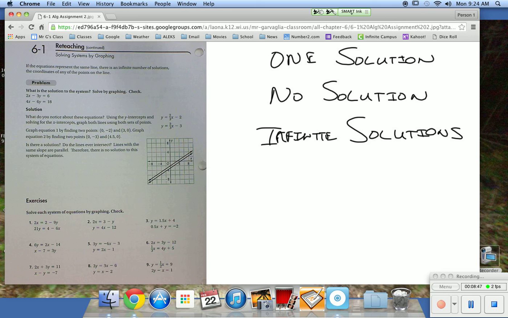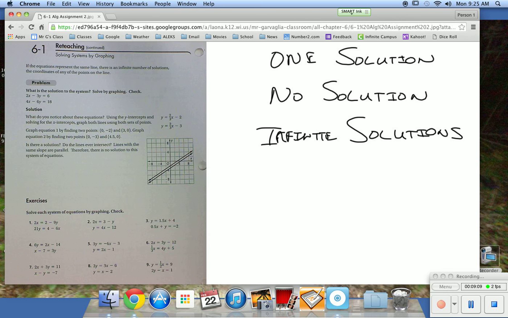Those are the three types of solutions you could have. One solution is when they cross. If they cross, what does that mean? It's going to be one solution.